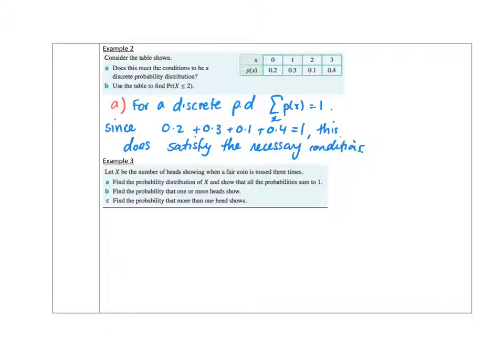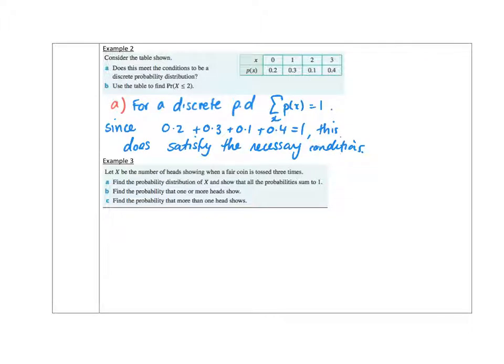If you think about the structure of this answer, I started with what I needed to state for a discrete probability distribution, the sum of P(x) equals 1. I showed that this indeed satisfies that equation by doing, since 0.2 plus 0.3 plus 0.1 plus 0.4 equals 1. And then I gave a concluding statement, thus this does satisfy the necessary conditions.